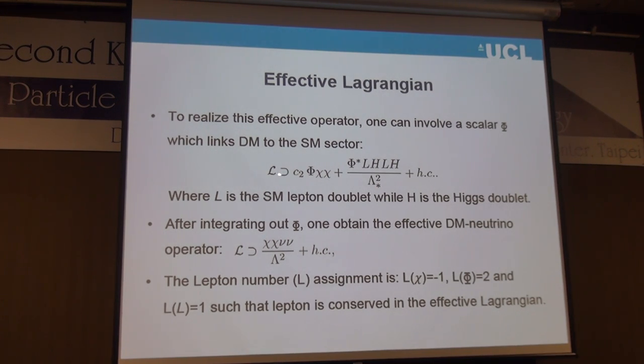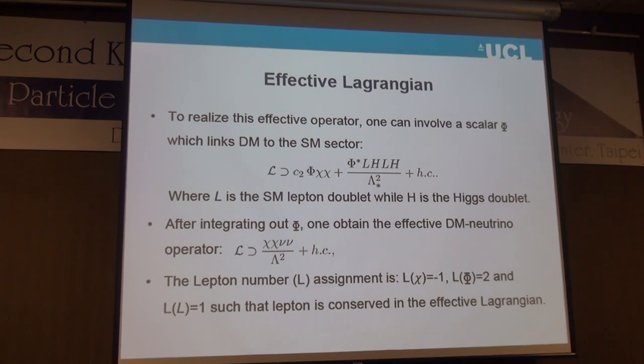So this one conserves lepton number. Let's look at this one. This one is 1, 1. This one is the complex conjugate, so it's -2. So the whole thing conserves the lepton number, which means in this context you cannot just write down a Weinberg operator since it breaks lepton number.